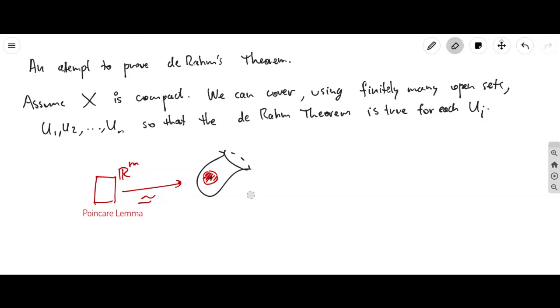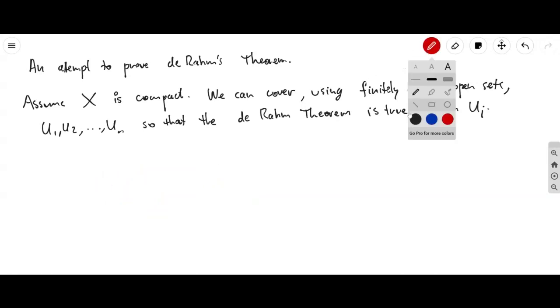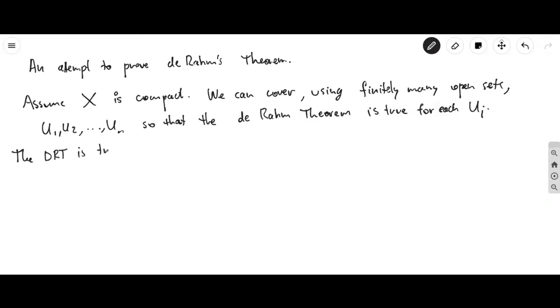You want to somehow pass to the union, but you can only use two sets at a time. So the de Rham theorem is true for U1 and U2.